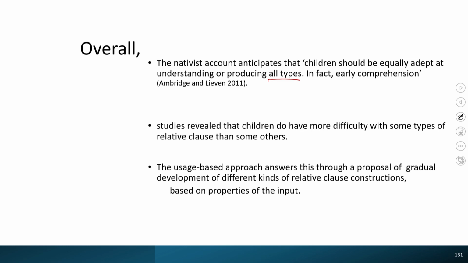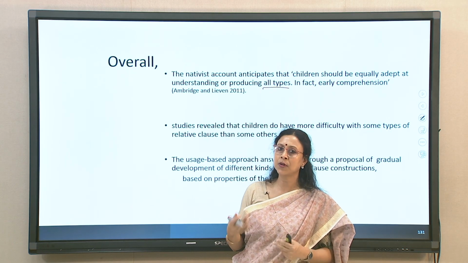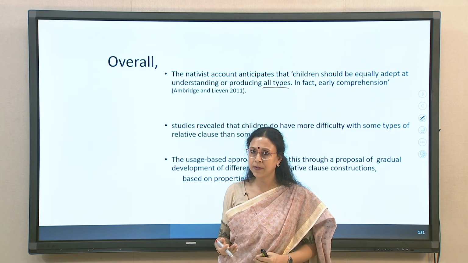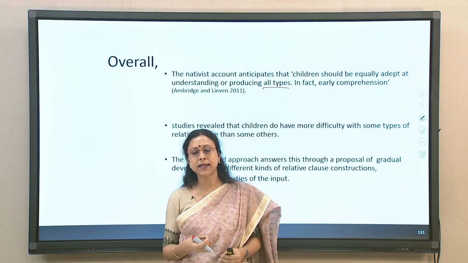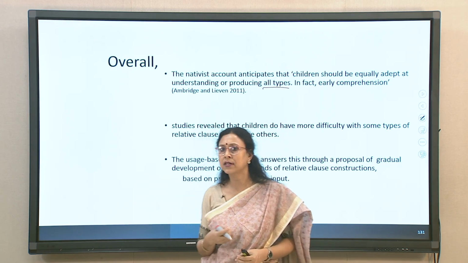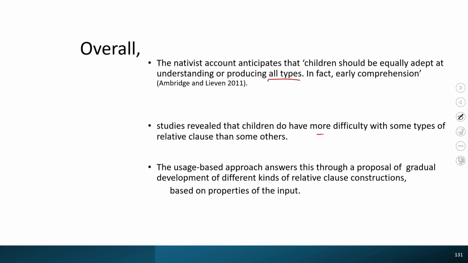The usage based approach answers this through a proposal of gradual development of different kinds of relative clause construction. However, we do have some proof that the nativist expectation is not the case. Some of the structures appear before others, with more difficulty with some types of relative clauses compared to others.